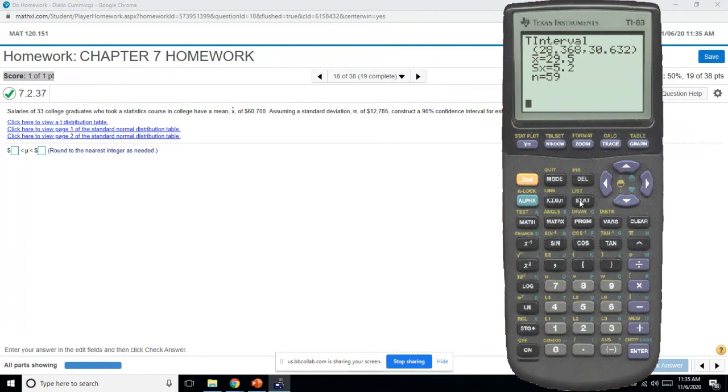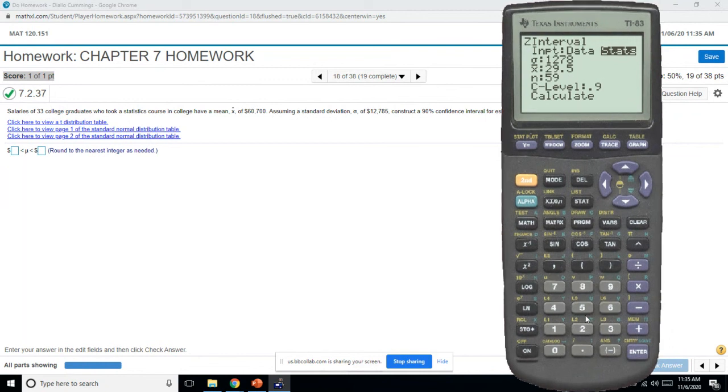So I'm going to go back into statistics and scroll over to Test. This time we're going to use a Z interval because the standard deviation is assumed. We're still going to put in the statistics. So our standard deviation is 12,785.